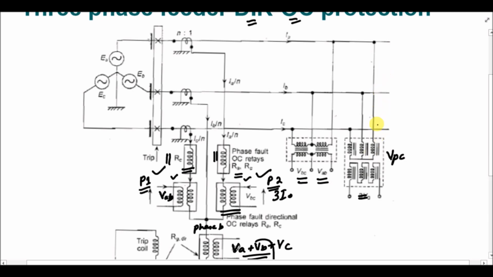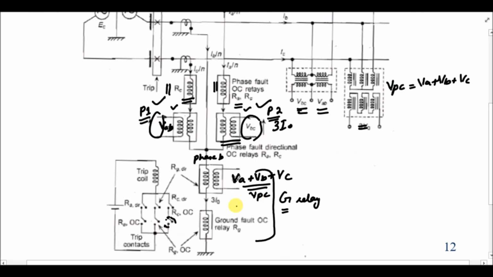So we have taken voltages from all the three phases, and in the secondary of the transformer we are just adding all the voltages because we have attached all the coils in series. So this VPC is actually the summation of VA plus VB plus VC, and we have used these voltages here, here and in the ground relay here.